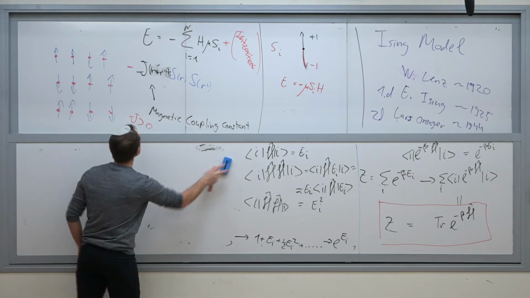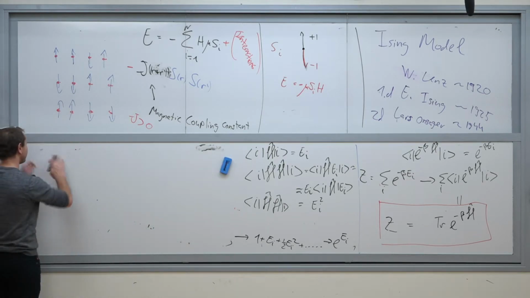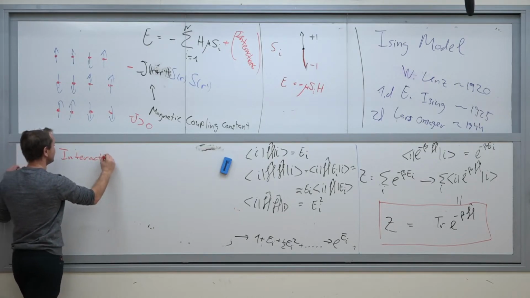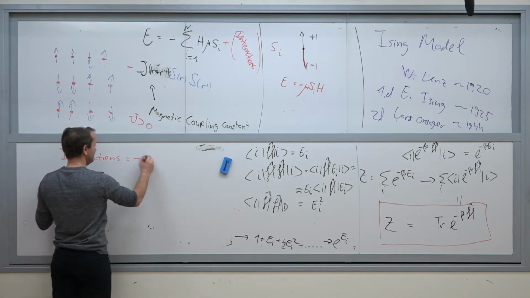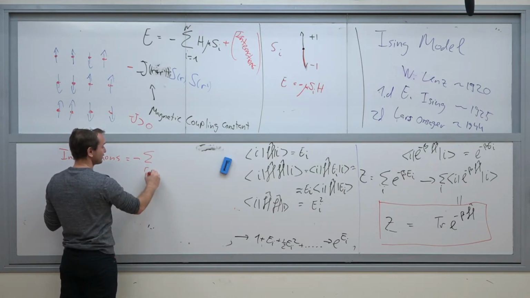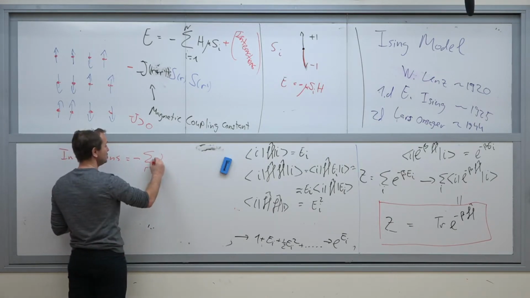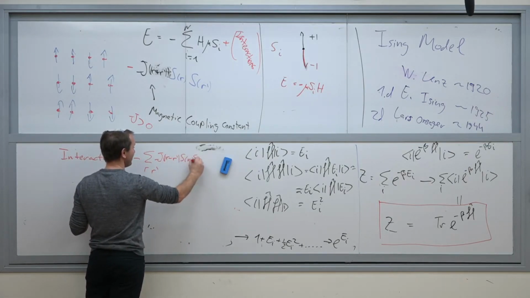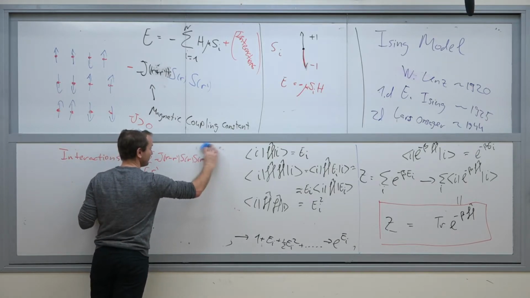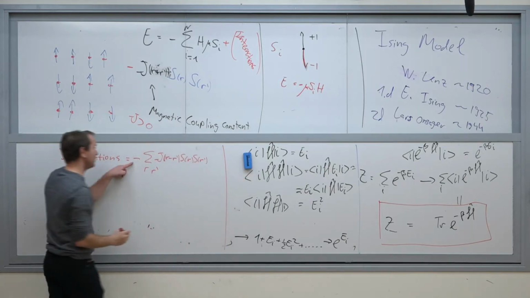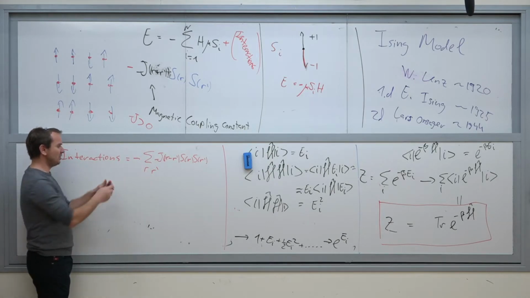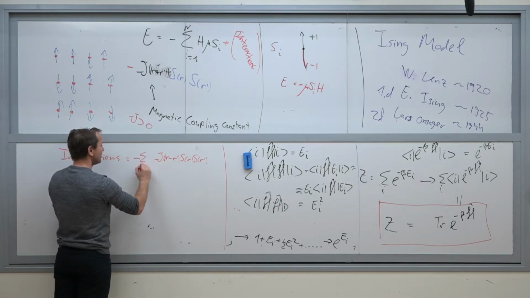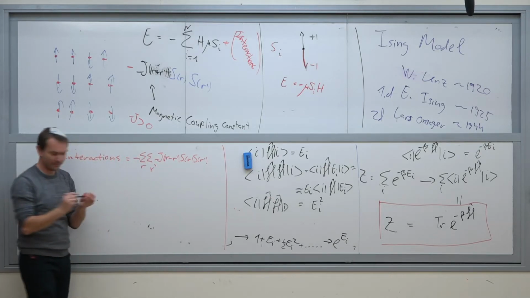The interactions: minus sum over r, r prime, J of r minus r prime, S of r, S of r prime. I have a minus over here. And the summation here is a double summation. It's a summation over r, and it's a summation over r prime.